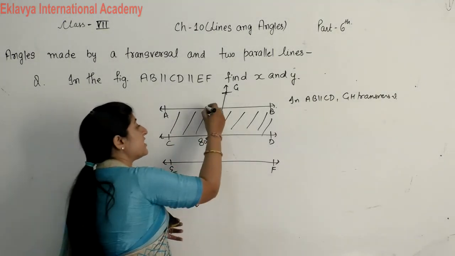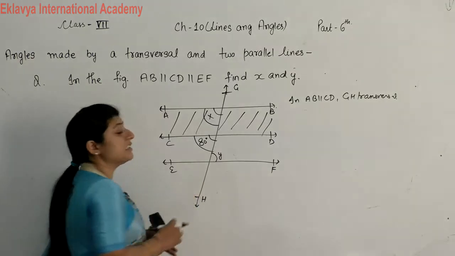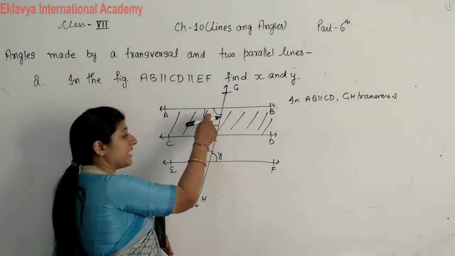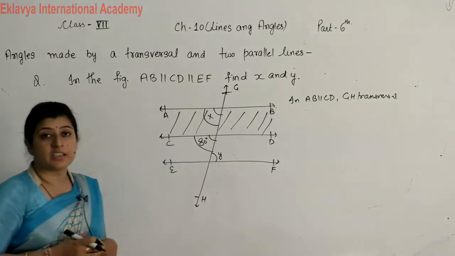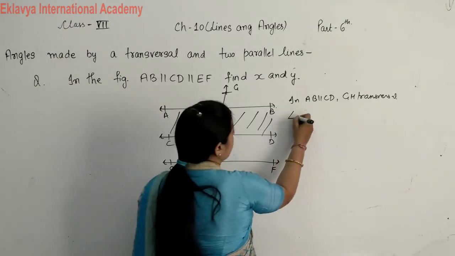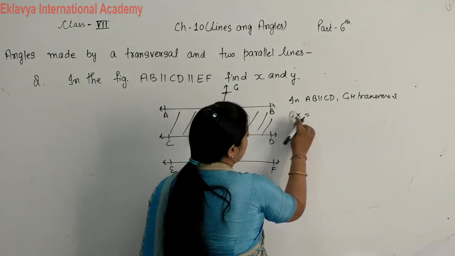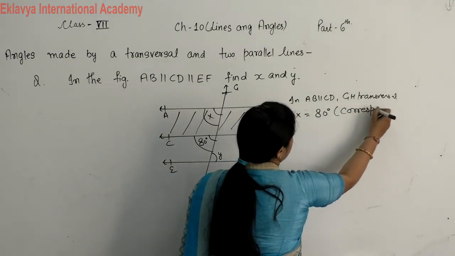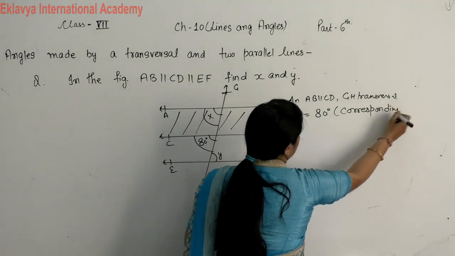So what is the relation between this angle and this angle? This is a combination of interior angle and exterior angle. It becomes corresponding angle. So we can say angle X is equal to 80 degree, reason corresponding angle.